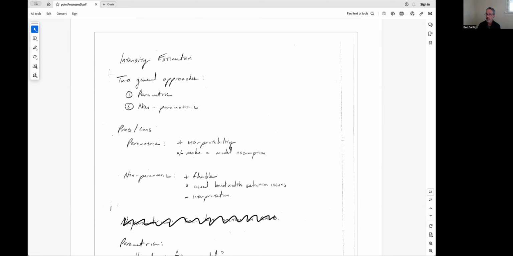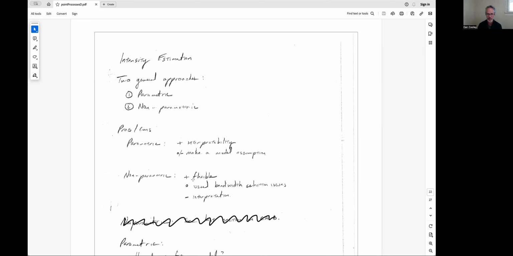We're estimating some parameters, and maybe those parameters are meaningful to us, particularly if we want to regress the intensity on some other covariate, elevation or something like that. Then that beta associated with the elevation could be meaningful to us. It does require us to make a model assumption. It requires us to put a parametric form on the intensity function, and so necessarily that's going to be less flexible than a non-parametric approach.